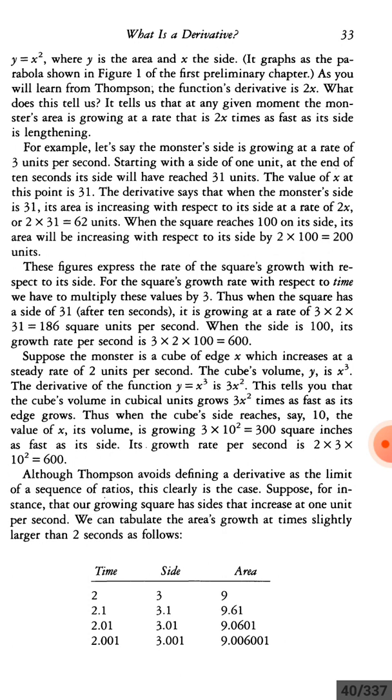Although Thompson avoided defining a derivative as the limit of a sequence of ratios, this clearly is the case. Suppose, for instance, that our growing square has a side that increases at 1 unit per second. We can tabulate the area growth at times slightly larger than 2 seconds as follows. Time 2, side 3, area 9.